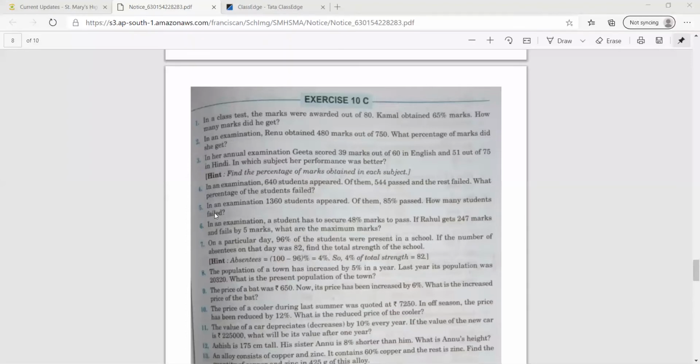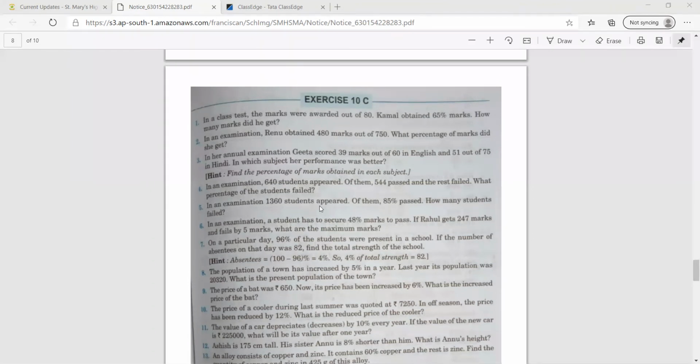Question 5. In an examination, so many students appeared, means so many students gave an exam. Of them, 85% passed. So the passed percentage is given. How many students failed? Okay. Now with the help of this percentage of passed, we will find out how many children have passed the examination.